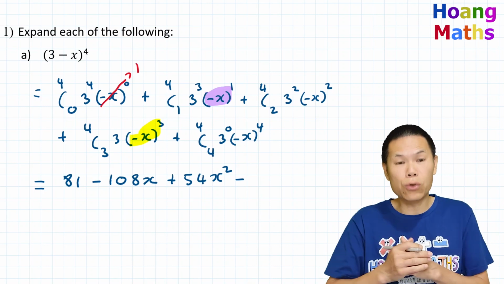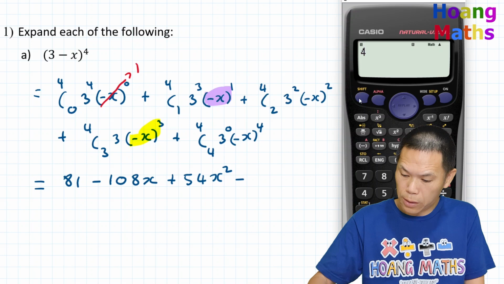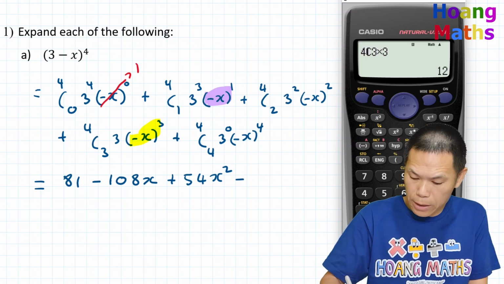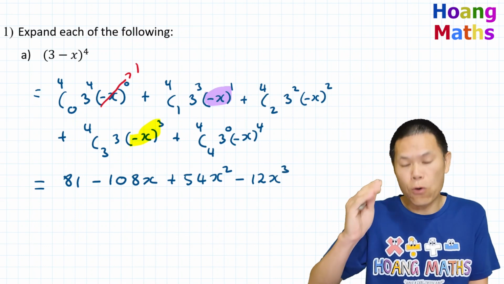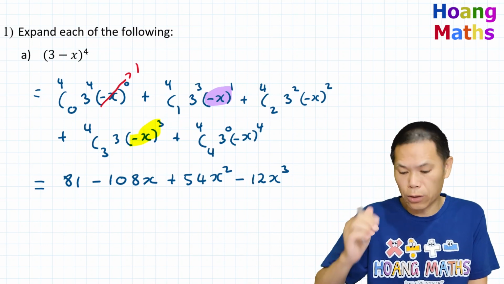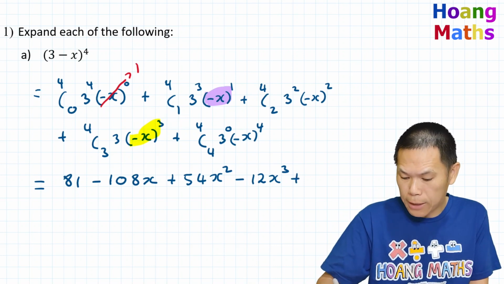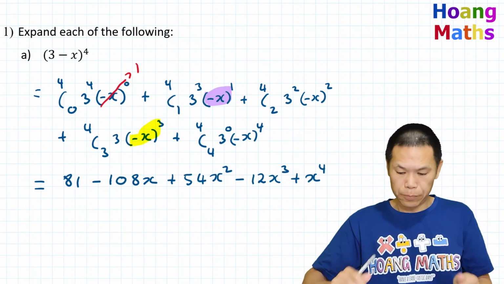And 4C3 times 3, 12. So minus 12x to the power 3. And then 4C4 gives me 1 and 3 to the power 0 is 1. So the answer should be plus x to the power 4. So there you go.